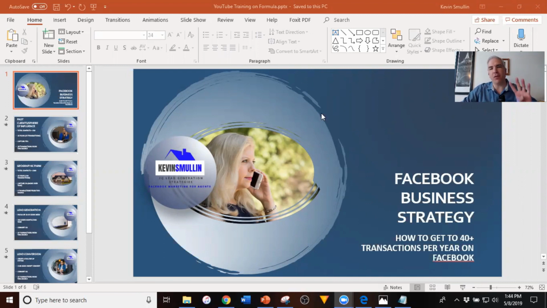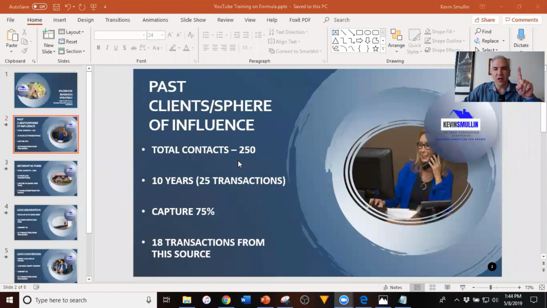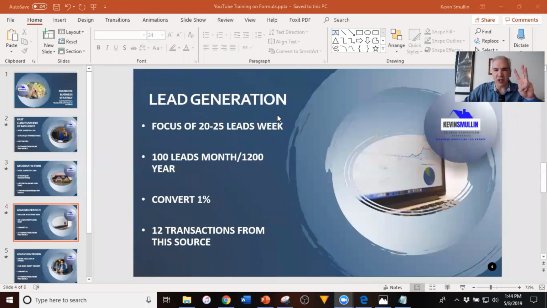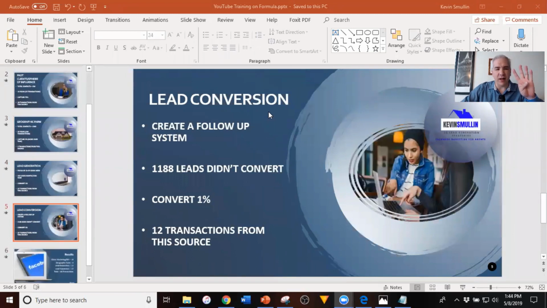And it came from 4 different sources. Source number one was past clients and sphere of influence. The second source was a geographic farm. The third source was lead generation, generating brand new leads. And the fourth one was having a lead conversion system, being able to follow up and convert the leads that had come in.